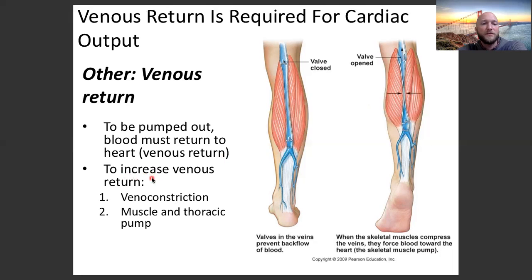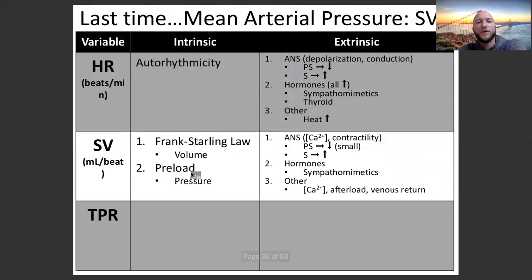And we can decrease venous return with venodilation. So the veins play an important role in returning blood to the heart, and that returning of blood to the heart can affect stroke volume, can affect how much blood is pumped out with each contraction.